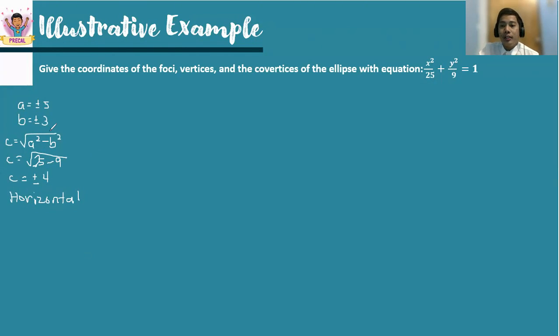Now, to determine the vertices and the foci, remember that they are located on the x-axis because the foci and the vertices are collinear. So therefore, since they are located on the x-axis, for f sub 1, we follow the formula positive, negative, c. So we first get the negative part, so -4, 0. Then for f sub 2, we have 4, 0.